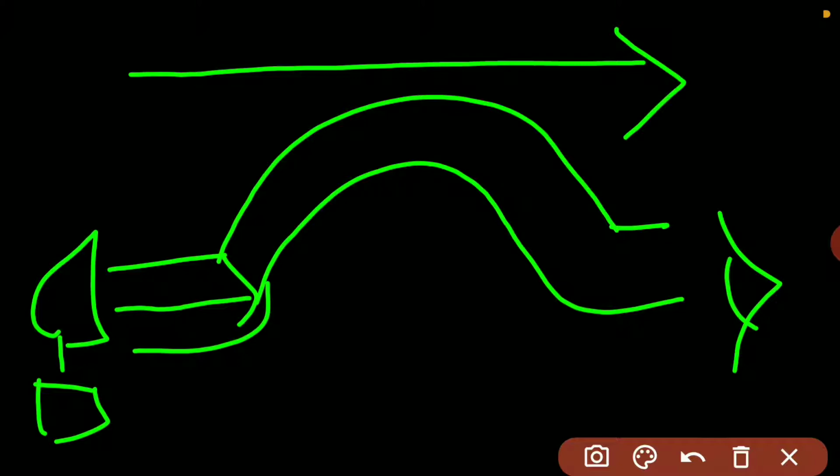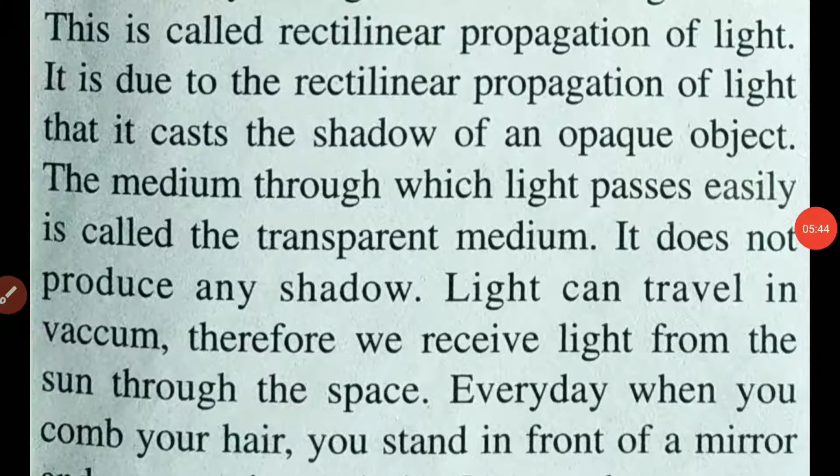So let us go back to the book, page number 51. The medium through which light passes easily is called a transparent medium. Like we have glass, I think you have done this in class 6, or water.